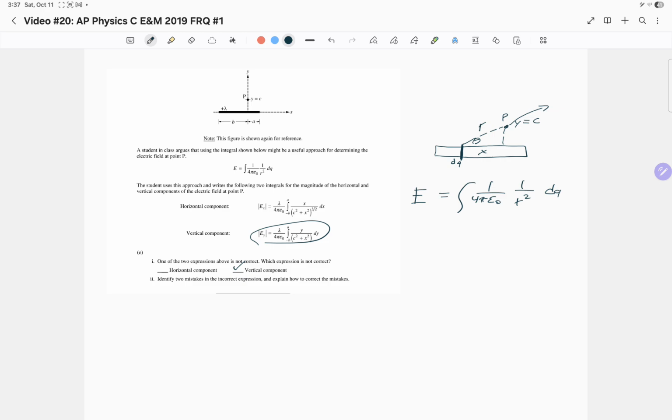So dq is equal to lambda dx, because lambda is a constant, and we already explained what lambda is before, but that's where we would plug in dq. And r is equal to, I'm sorry, I think we want, okay, yes, we're looking at the vertical component here, so we would need a sine theta.